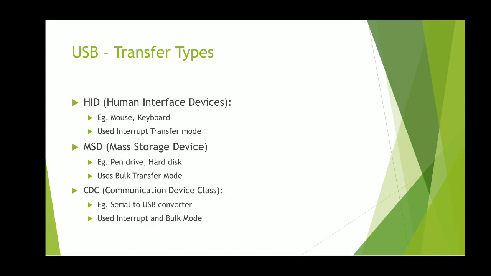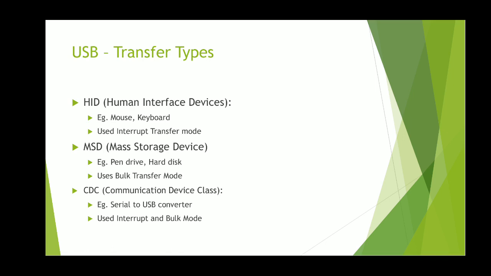In the case of human interface devices or HID devices, it is better to use interrupt transfer mode, because HID devices like mouse and keyboard generate data, and this data needs to be immediately transferred to the host computer. In such cases, the best low latency is given by interrupt transfer mode.